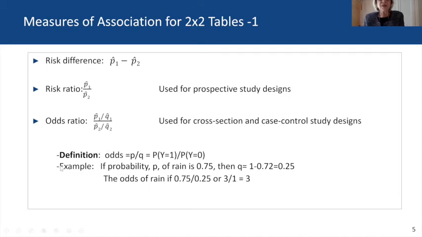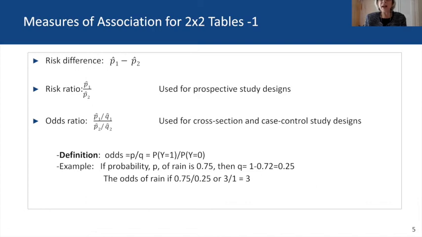And just a reminder of, how do we interpret this odds ratio? So if we defined the odds as being P over Q, which we do, but if we used a common example of P, the probability of rain on a certain day is 0.75, then Q is 1 minus 0.75, which is 0.25.